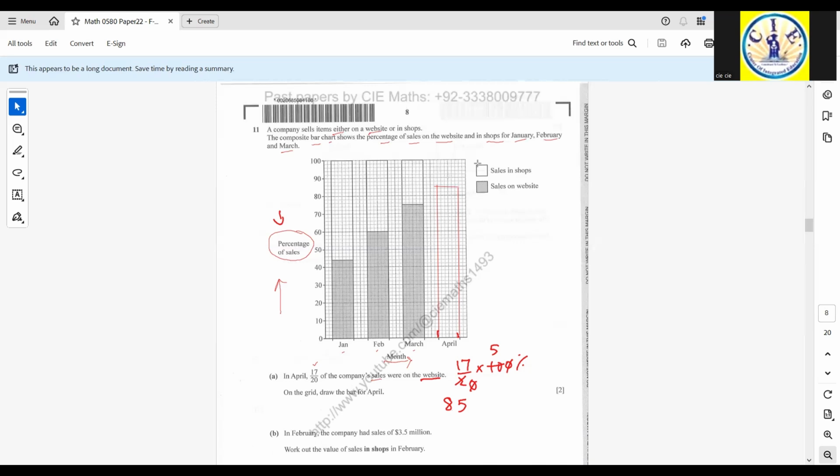So I need to shade it, and the remaining height depicts the sales in shops, which is the remaining 15%.